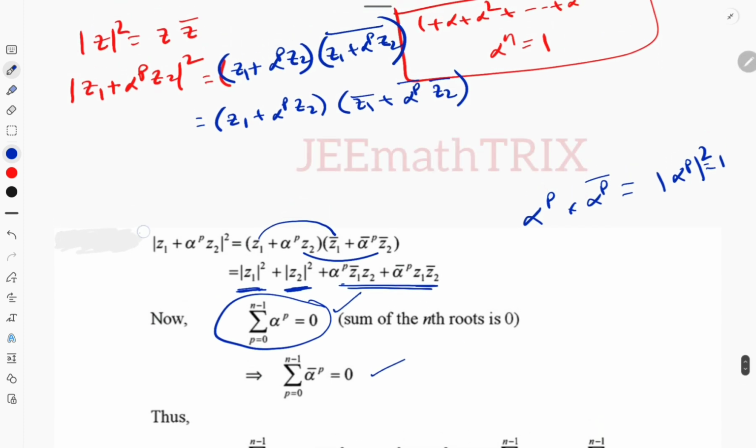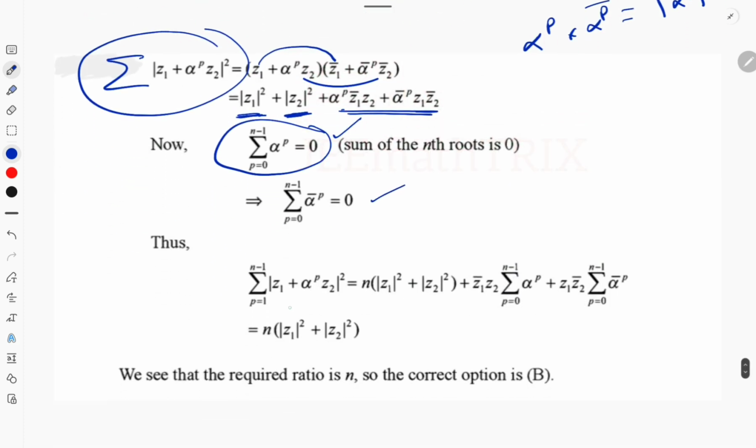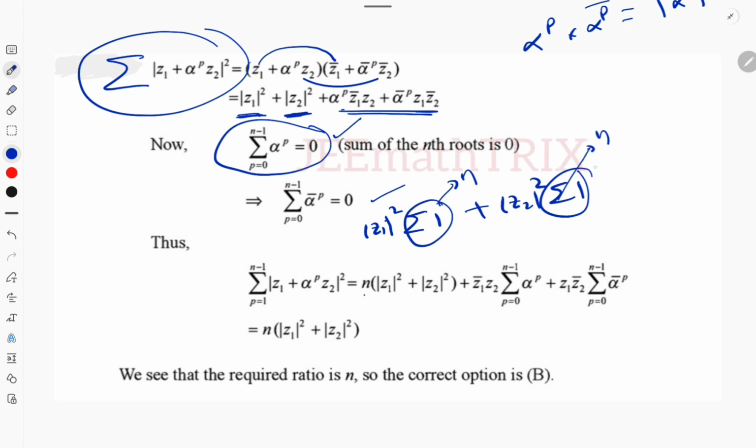Now if you take sigma of this expression on both sides, it will come to n times mod z1 square, because mod z1 square is a common constant and sigma of 1 is n. Similarly, mod z2 square into sigma of 1 will also be n.